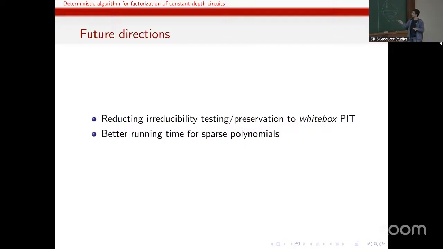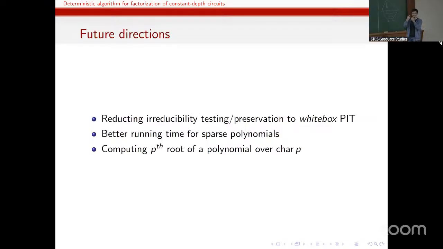One easier to state question is, if these are not constant depth circuits, if these are even simpler, if they are sparse polynomials, which are depth 2 circuits, then can you get better running time for this? That's not clear. Right now, by virtue of our algorithm, you do get sub-exponential time algorithms, but it's possible that you can do something better.